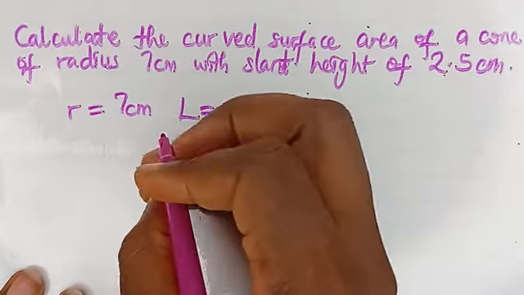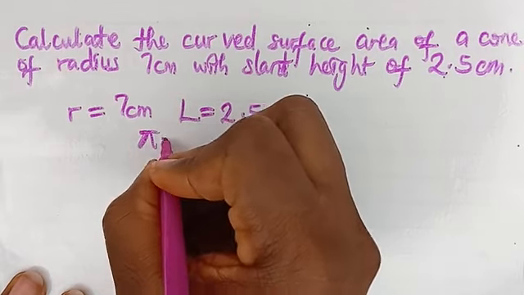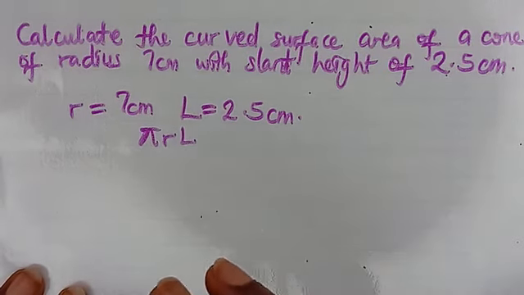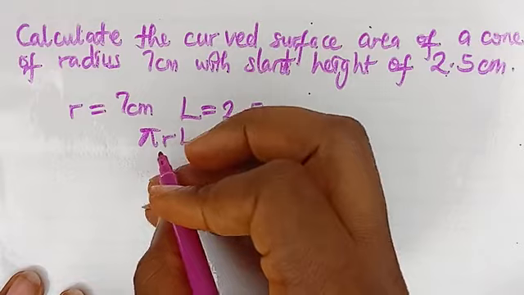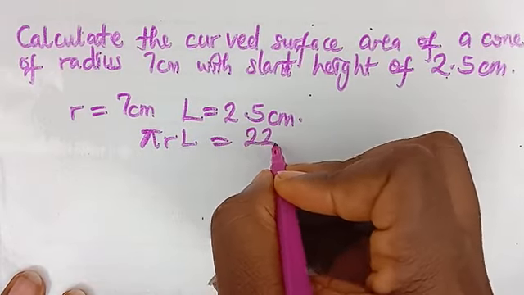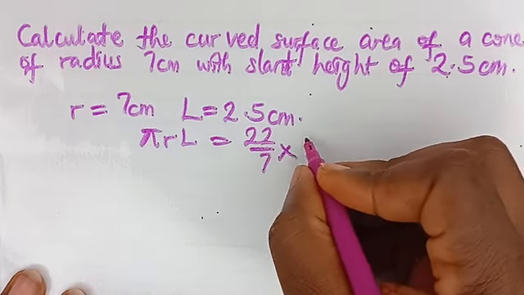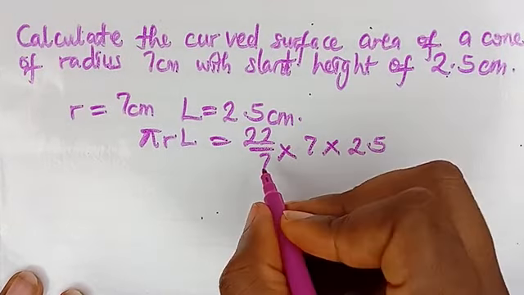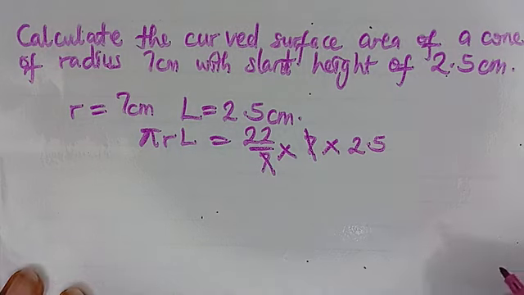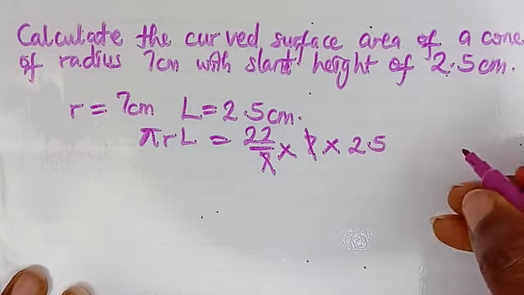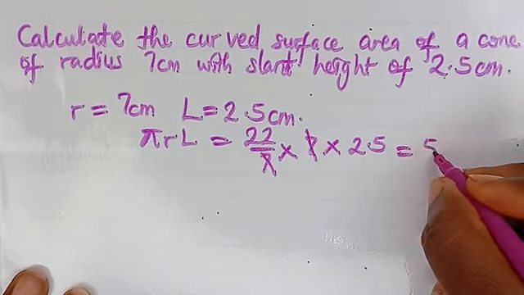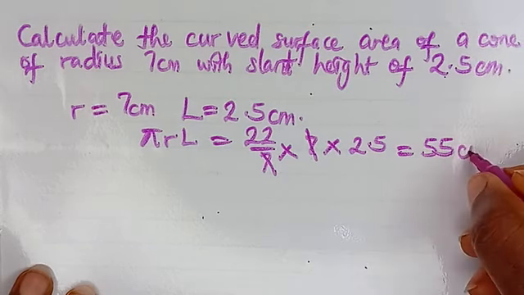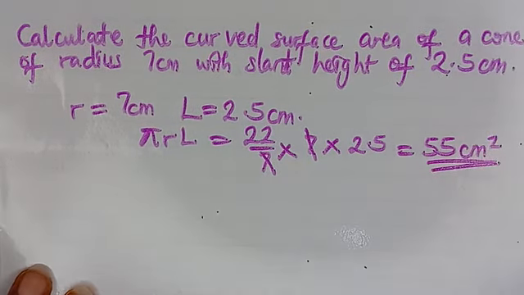So for curved surface area, we have that it is pi r L. That's the formula for its area. So we have 22/7 times r, which is 7, times L, which is 2.5 cm. We divide, and then 22 times 2.5 is equal to 55. Since it is area, it is in cm squared.